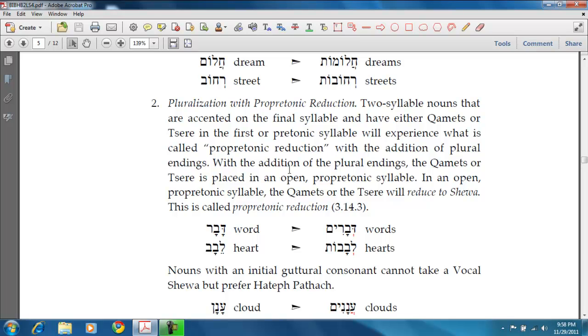What we're going to see here is that davar, which has both kamatzes, becomes devarim. When we add the hirik yod final mem, the masculine plural ending, onto this noun, we create another syllable. Instead of two syllables like davar, it becomes devarim, three syllables.